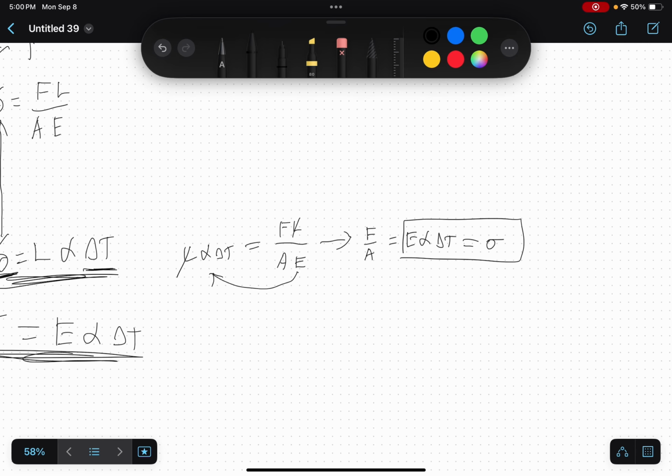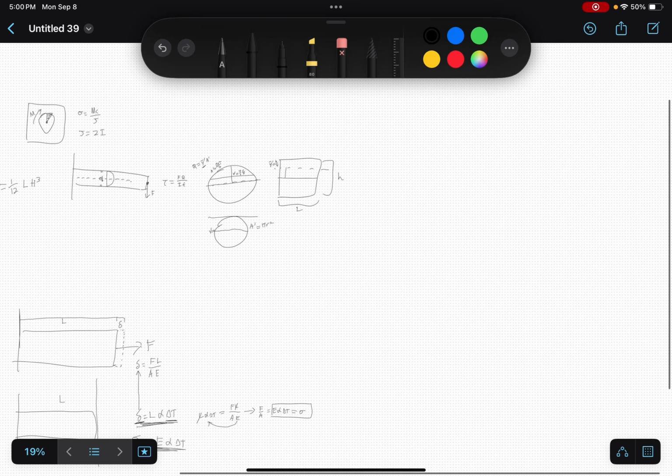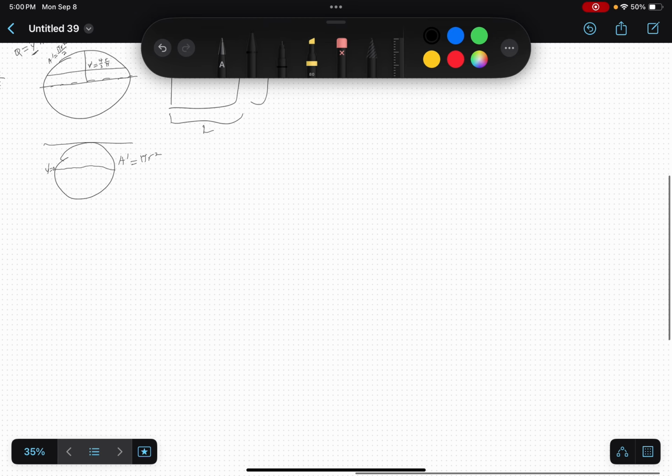The last thing is Mohr's circle, which I thought was pretty sick, and I understood it better than other people in the class. So hopefully this explanation is pretty decent. Okay.